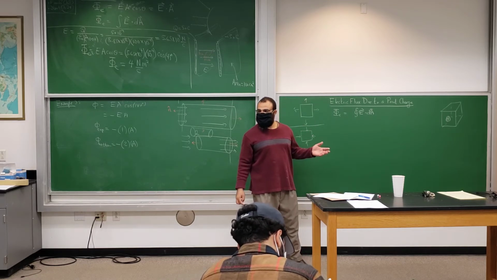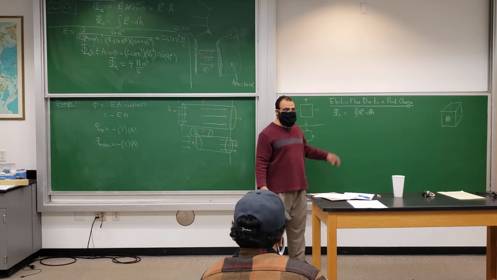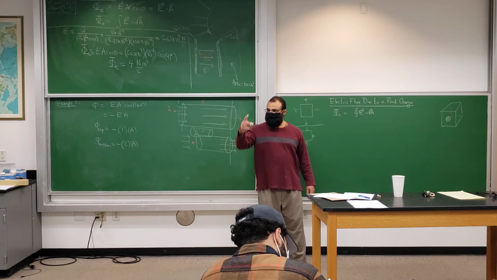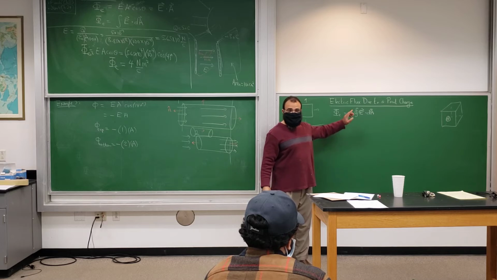You don't have to put the closed sign, but that's what it means if you see it in the book. Does that make sense? The integral sign is just the integral sign, but this one is specifically for a closed surface.